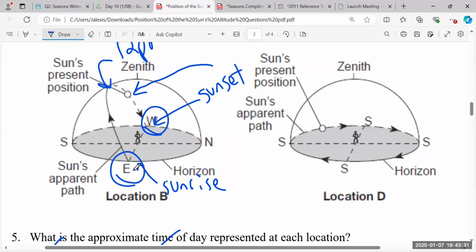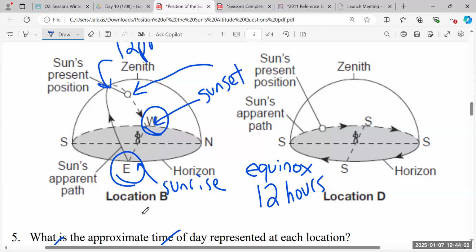This lets me know that this is an equinox date. And what do I know about the equinox? All locations will experience 12 hours of daylight. So that means it could be 6 a.m. to 6 p.m., 12 hours of daylight.